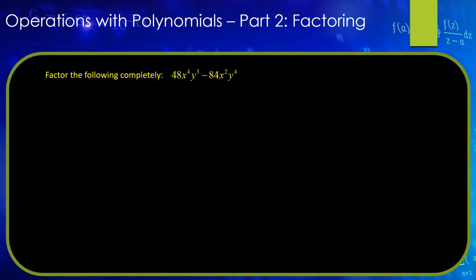In each of these, you're going to be asked to factor these completely. So this one here, factor this polynomial completely. When I look to factor polynomials completely, I'm just trying to see if there's anything that can be basically divided out of all the terms of the polynomial.